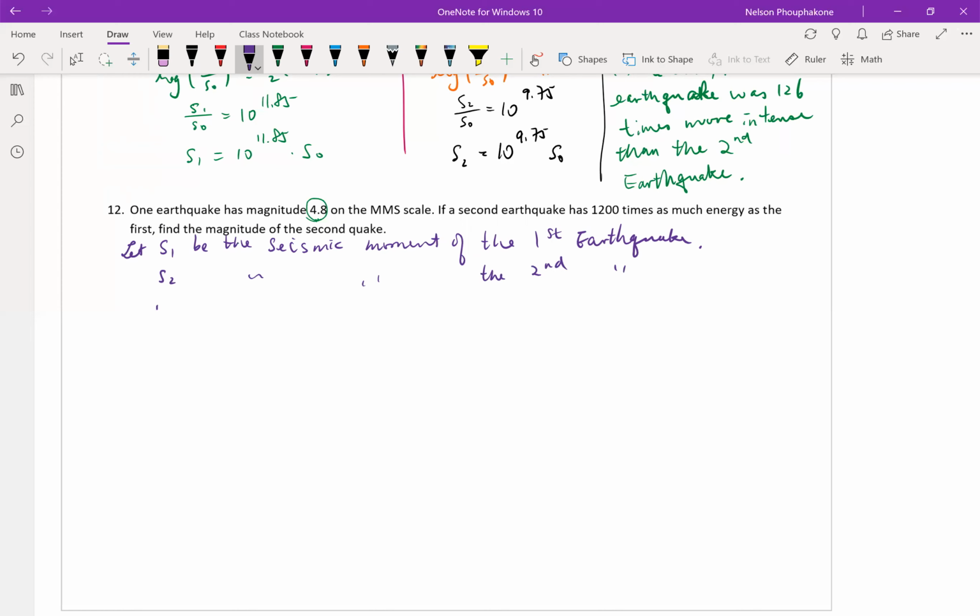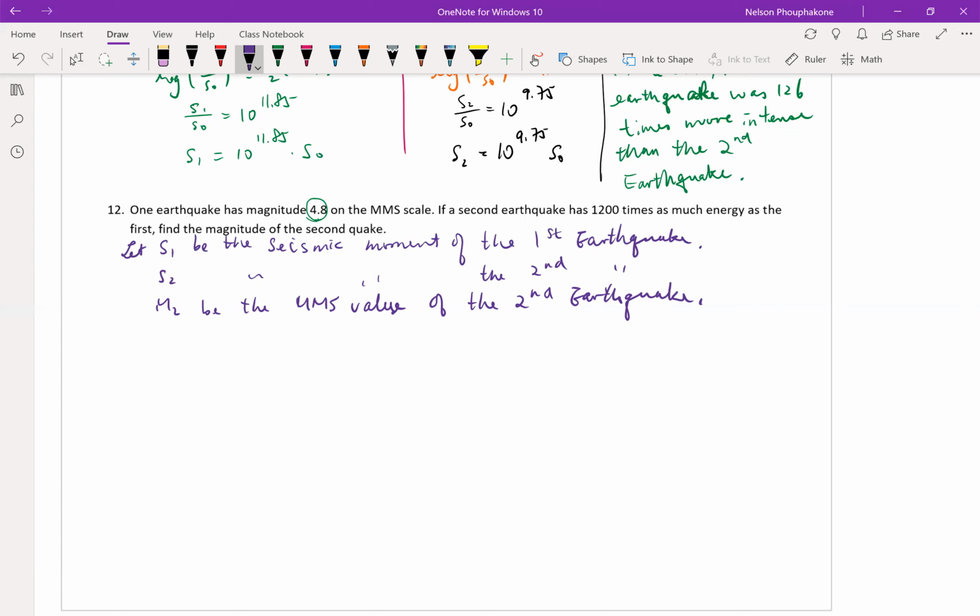And then now, I would like to let M sub 2 be the MMS value of the second earthquake. Okay, so I have all the variables. Then now I could actually try to work out the problem.